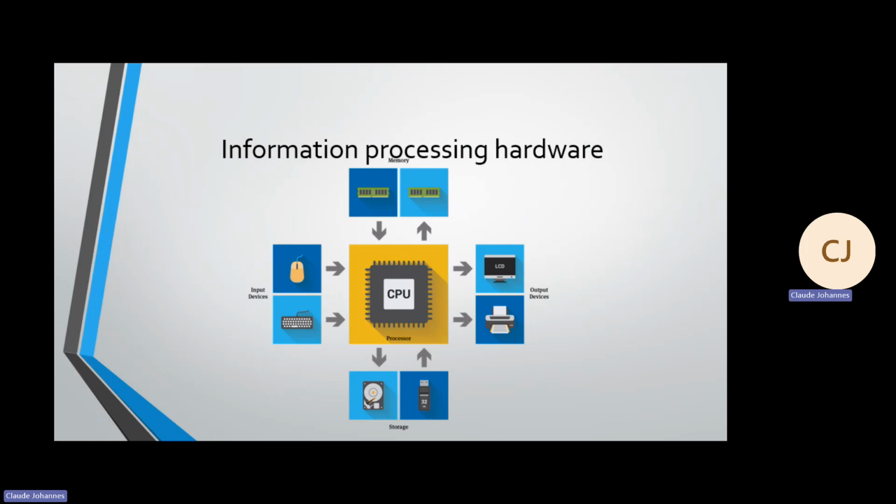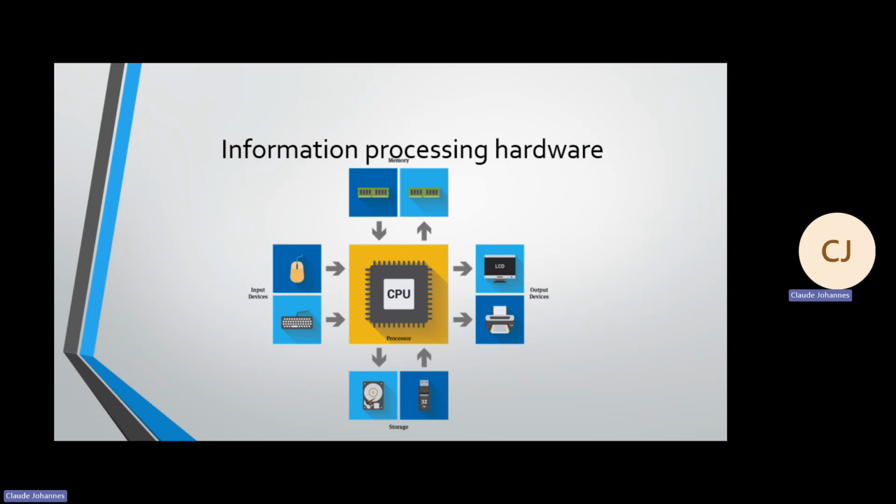Information processing hardware. Basically, this is the computer that you have in front of you. Through the mouse and the keypad, you can insert your data into the CPU, which is then stored temporarily on the ROM or RAM, and then processed.